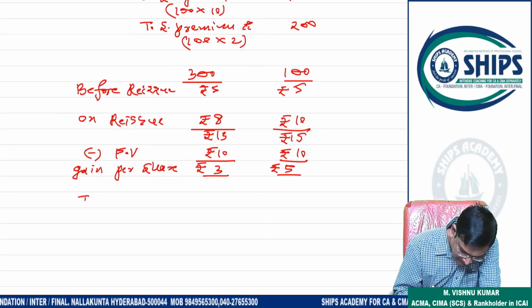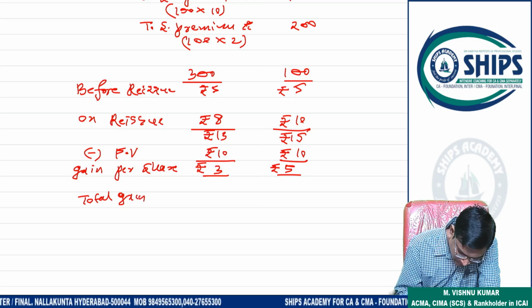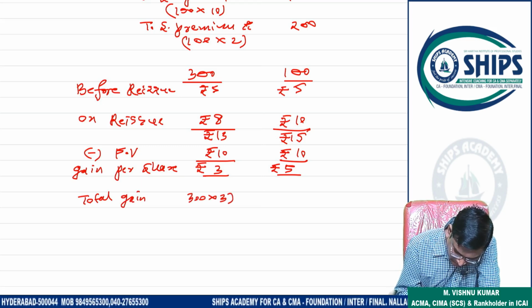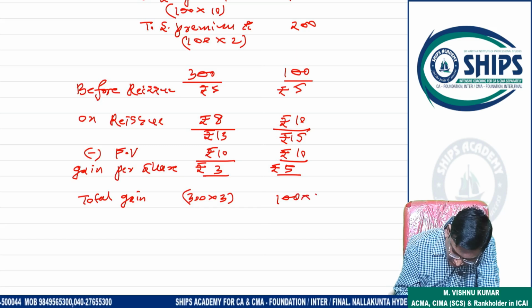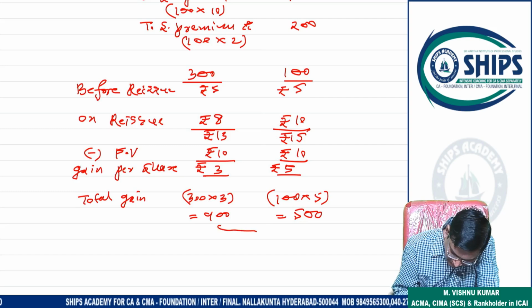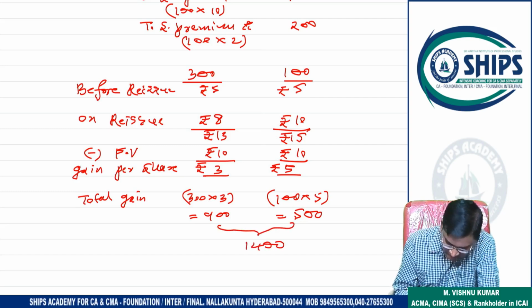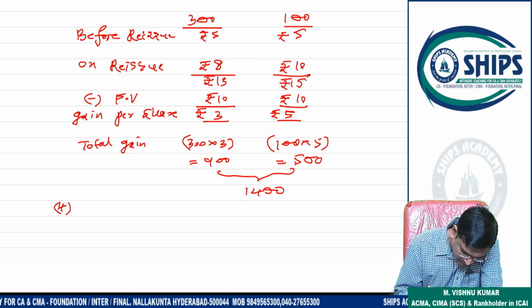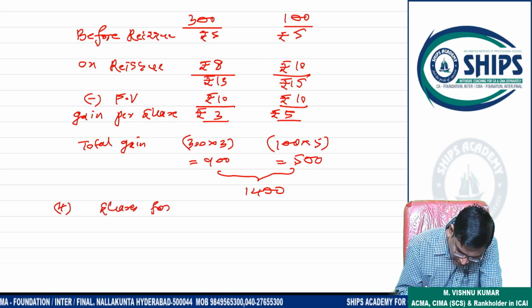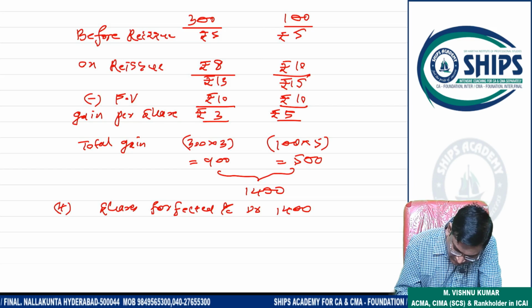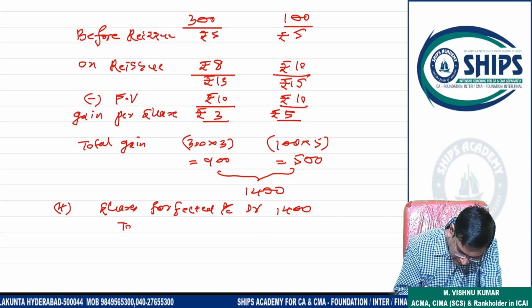Okay, now total gain. 300 shares, 100 shares, 900, and 500. 1400 is the total gain. Entry will be shares forfeited account, capital.